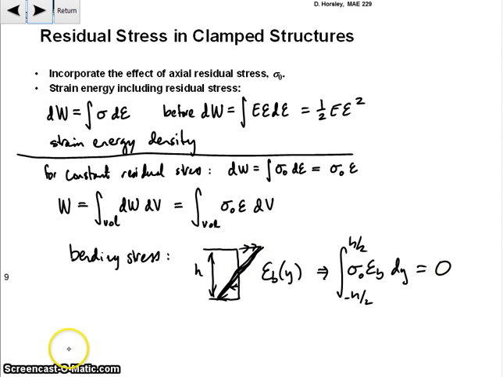And so as a result, the part of the strain energy due to sigma naught, due to residual stress, that's what I'm going to call this, is just going to end up being the integral over the volume of sigma naught times epsilon sub x dV. Okay? So epsilon was the axial stretching part of the strain, sorry, not epsilon sub a, it's epsilon sub x.